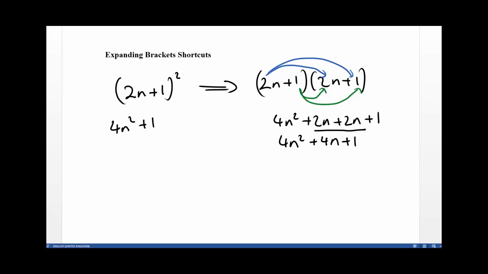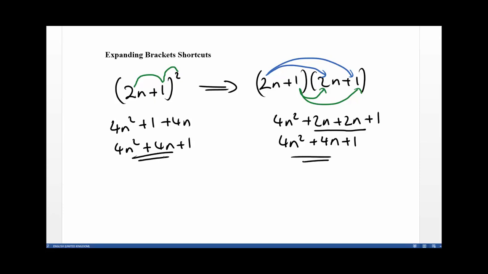Then what I'm going to do: 2n times 1, which is 2n. Then take that answer of 2n and times it by 2. And that's going to give me 4n. Okay, rearrange it in the form of a quadratic expression. We have the same answer.